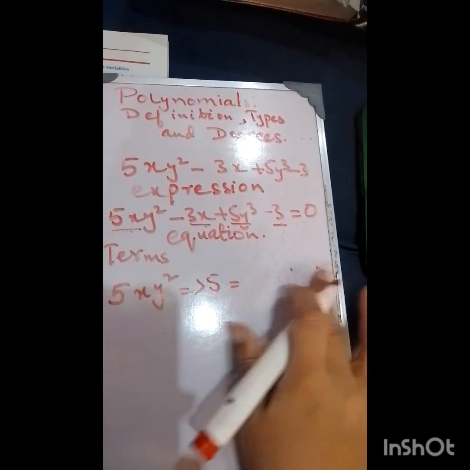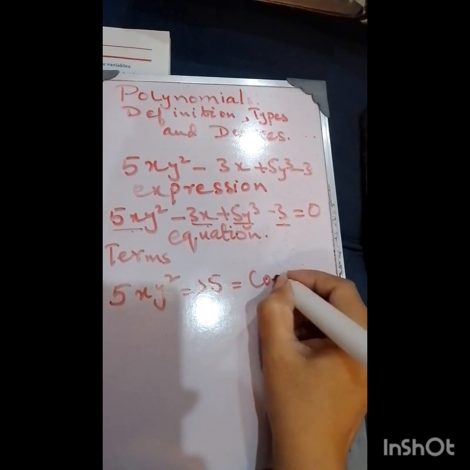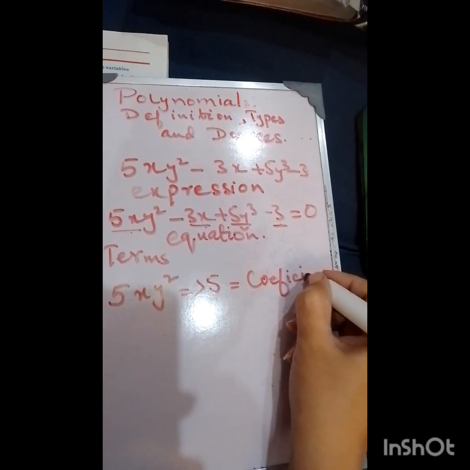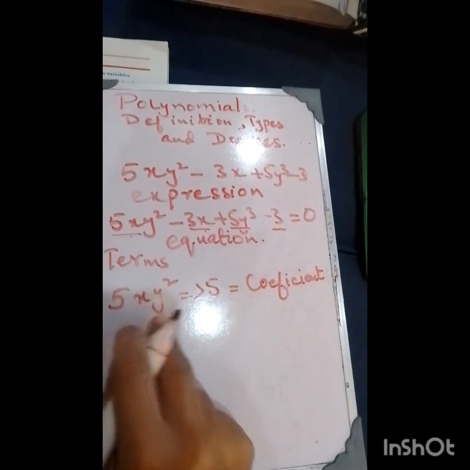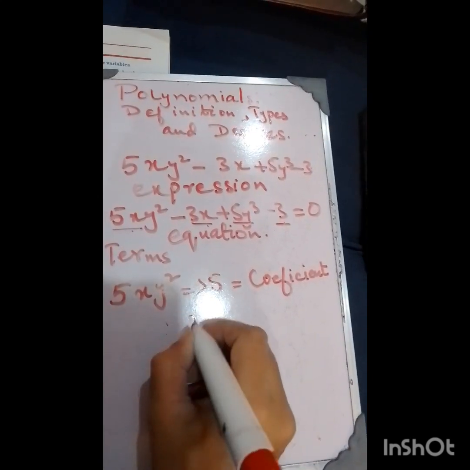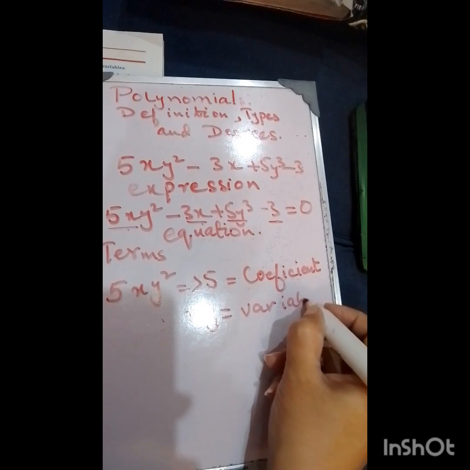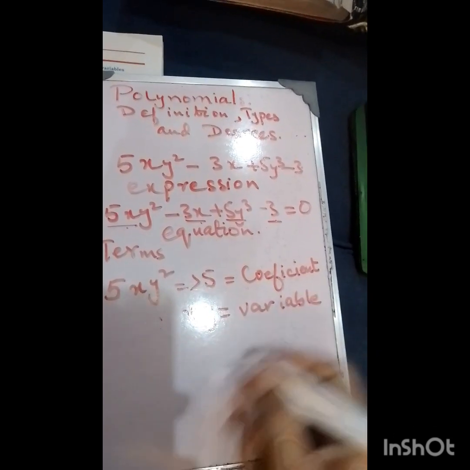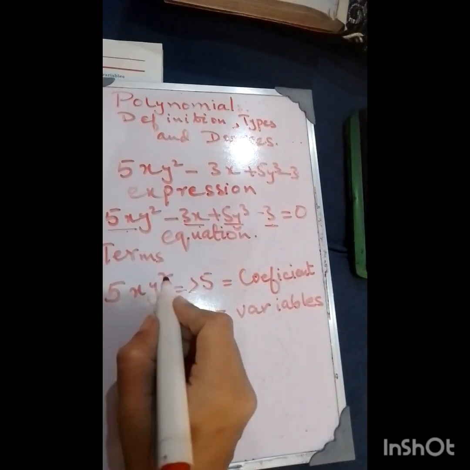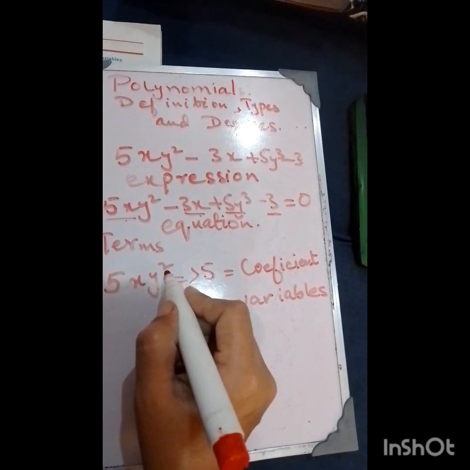So we will say that it is a coefficient of xy square, where x and y are the variables, which change. Here you can see a square on top of y.